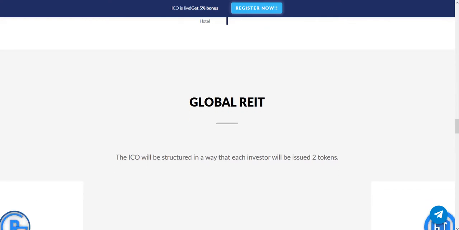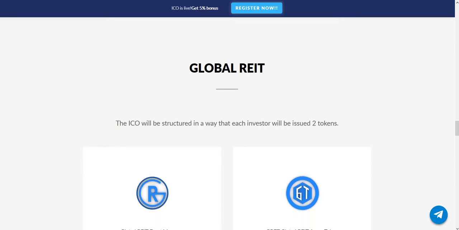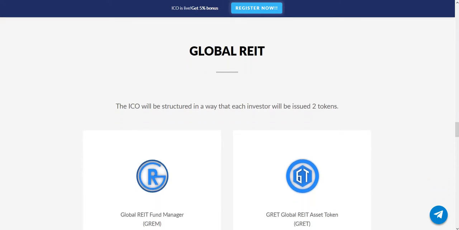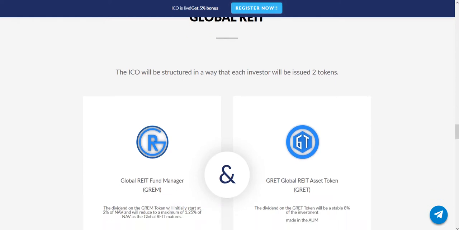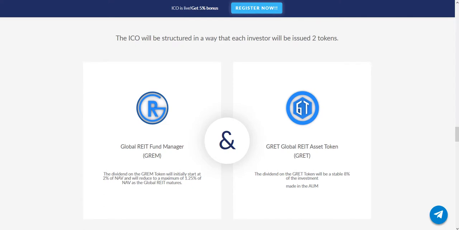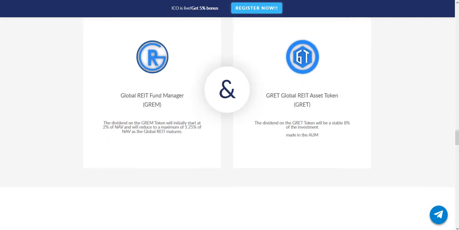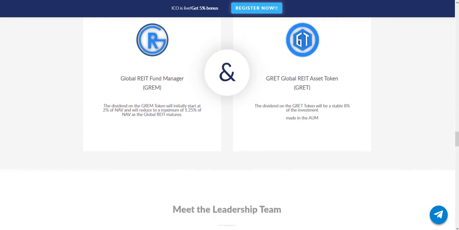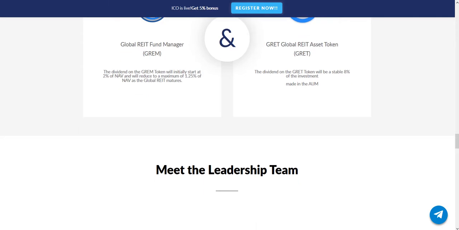The advantages of GlobalREIT. There are various advantages associated with the GlobalREIT opportunity, with perhaps the main one being that it is a method to invest in property without diving in too deep or risking too much money. Also, having tokens in both areas does spread the risk even further, as they are two different arms of the company, so being involved in both does make a lot of sense.